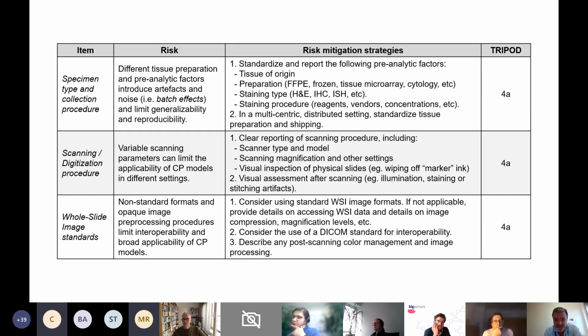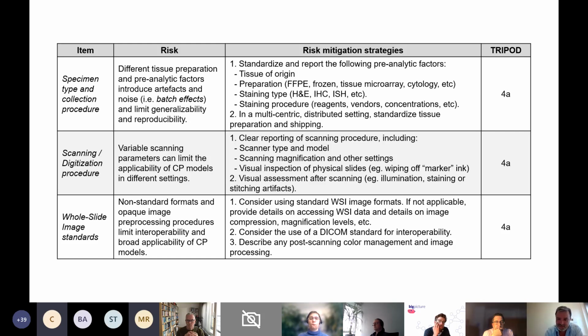Here you see different types of items and risks defined on the scanning, on the standards for imaging. Let's have a very quick look at the whole slide image standards. If you don't have standard formatting, you will limit the interoperability of the tool in different settings.